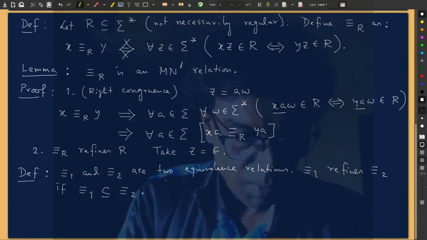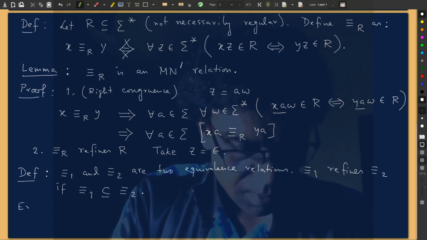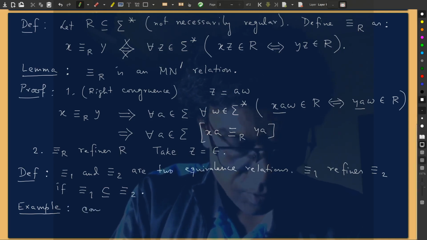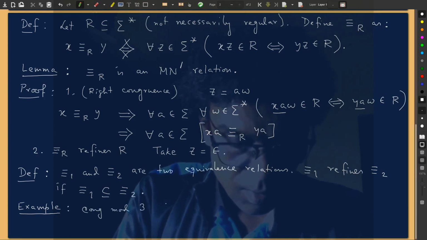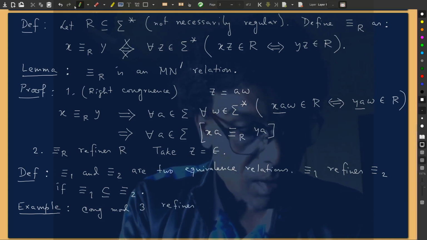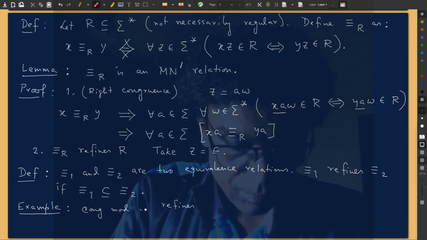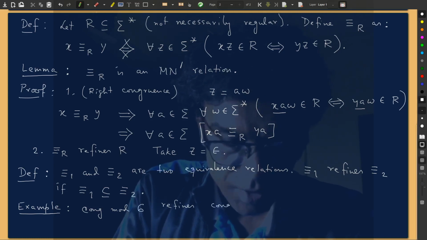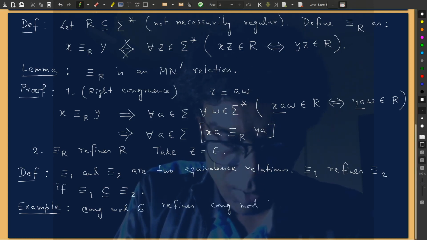Maybe as an example, of course we have seen several examples in the previous lecture: congruence modulo 6 refines congruence modulo 3.